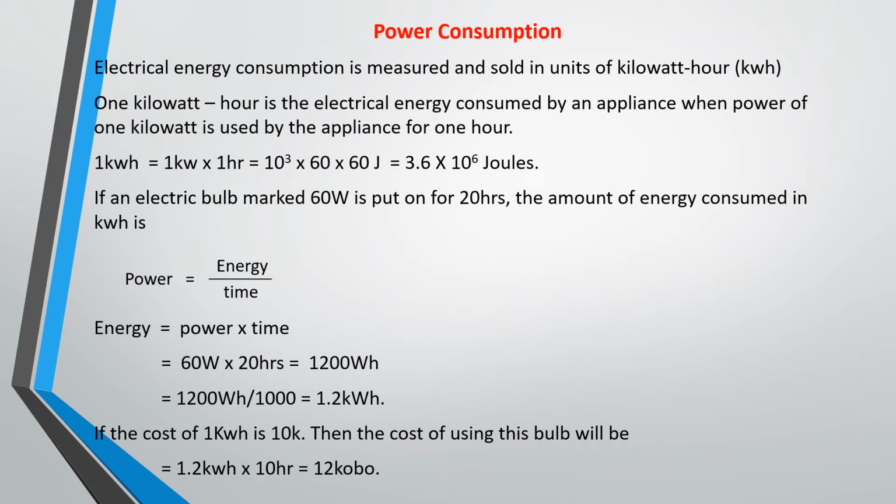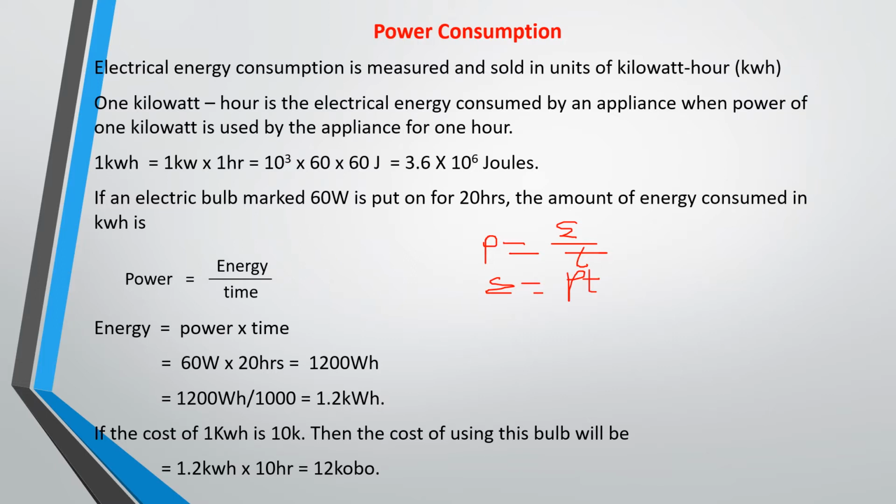But before we solve some problems, there's another area of power that I want you to take note of. Remember, I said that power is equal to energy over time, so energy is equal to power times time.